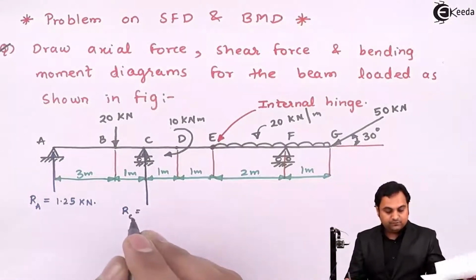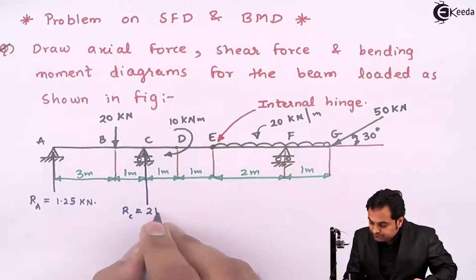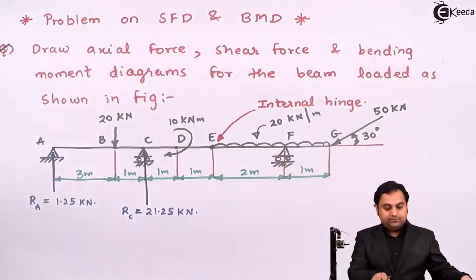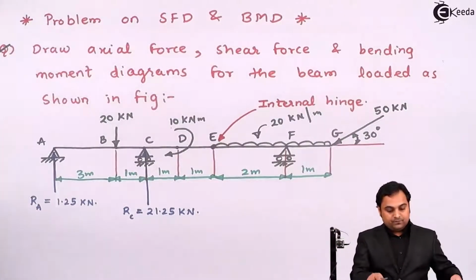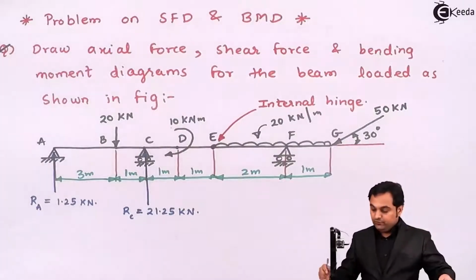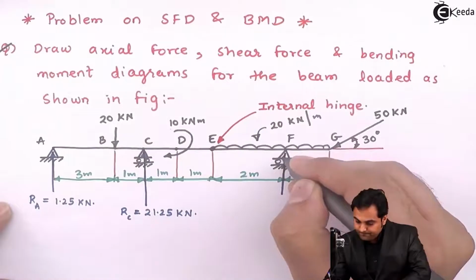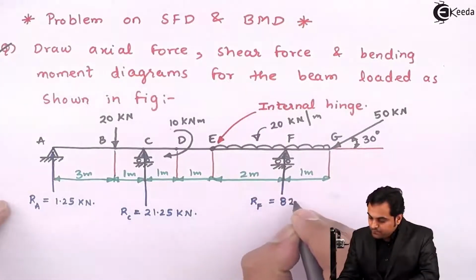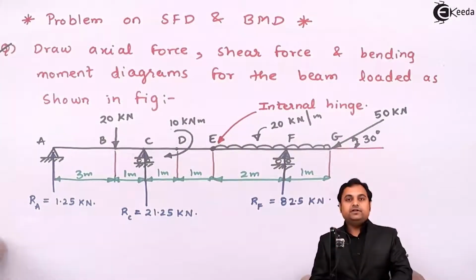Rc value 21.25 kilonewton. Next, Rf value, it was 82.5 kilonewton. Now here I have written all the reactions.